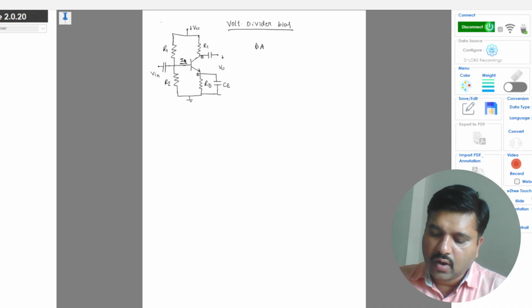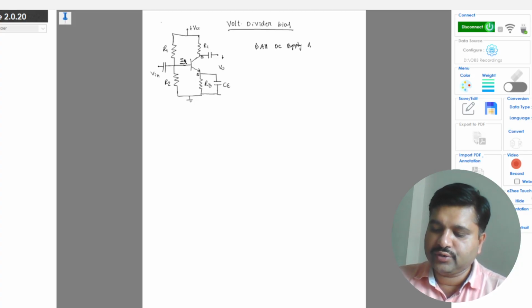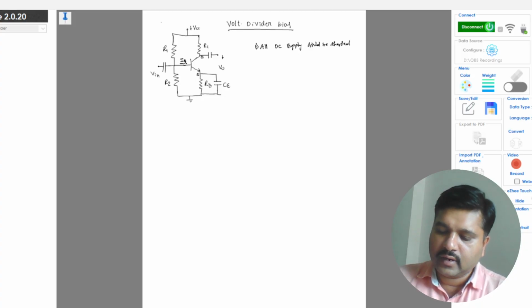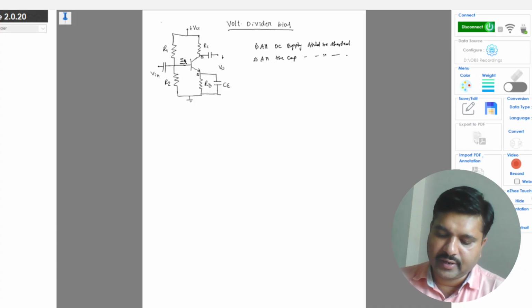First, all DC supply should be shorted, and all the capacitors should also be shorted, right?